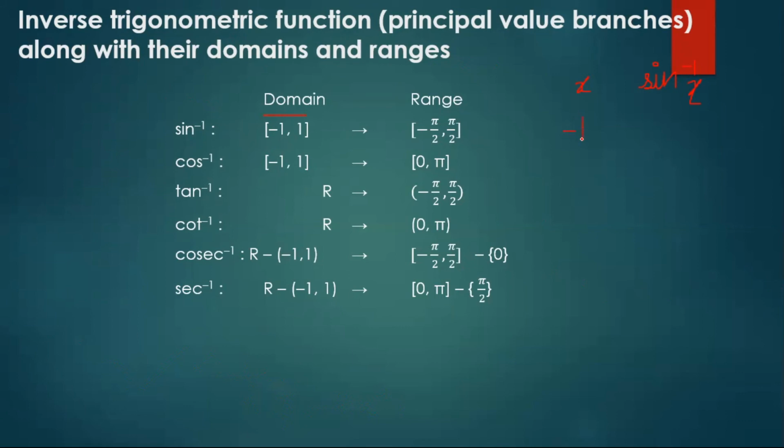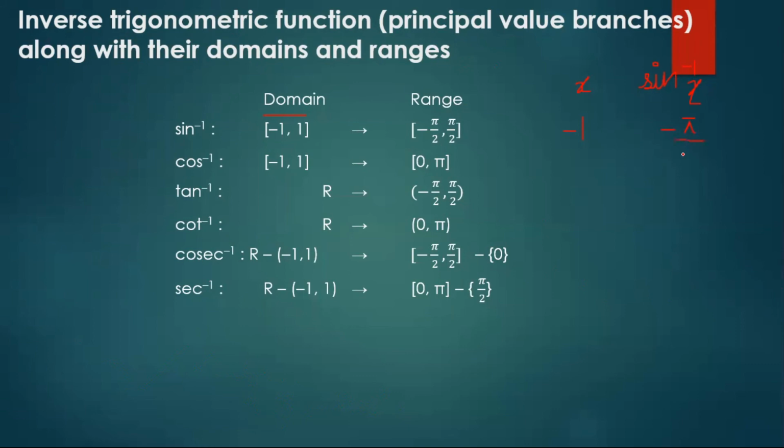So what is sine inverse -1? Sine inverse negative 1 is nothing but negative sine inverse 1. So when is sine inverse 1? Pi by 2. So the answer is negative pi by 2.